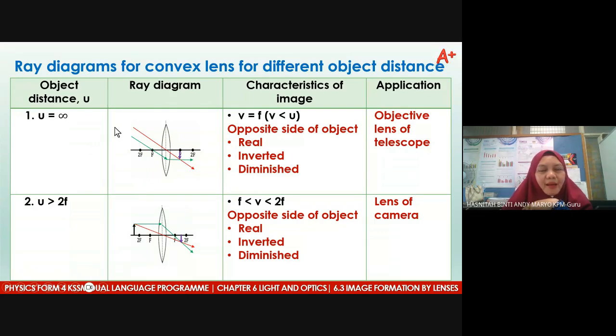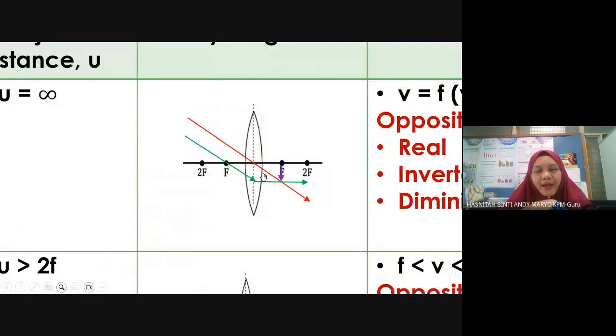The light ray travels through the focal point, and these two rays must be parallel, so it will be refracted parallel to the principal axis. You can see the intersecting point between these two lines, red and green, is where our image is formed. You can see the image given by the purple arrow. It is formed exactly at F, at the focal point.